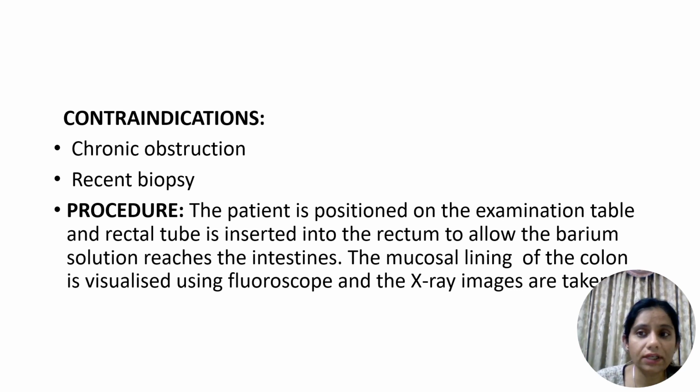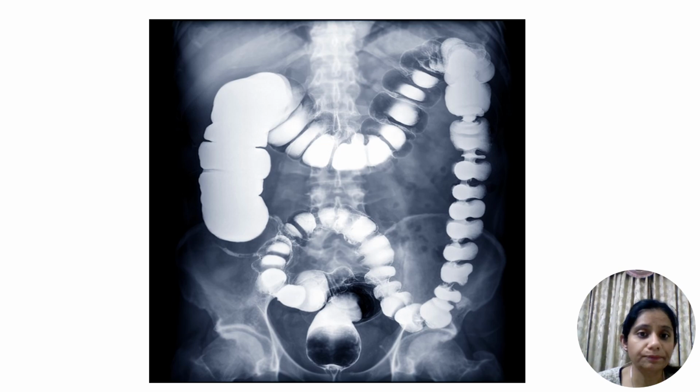Now, how does the large intestine appear in the barium enema radiographic image? The very key feature of the large intestine is haustrations. So we can easily identify that this image is of barium enema because the large intestine is clearly visualized. What are the various parts of the large intestine?